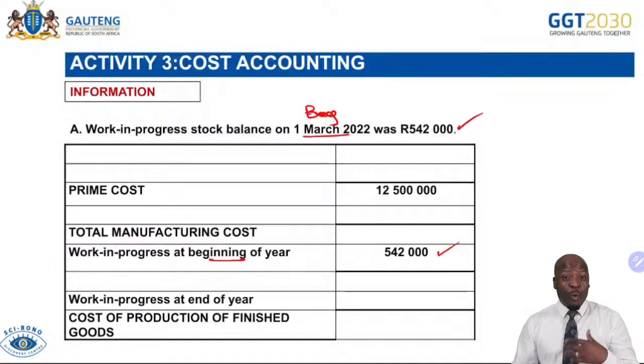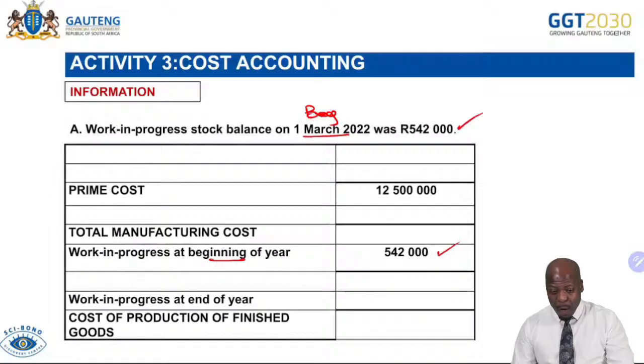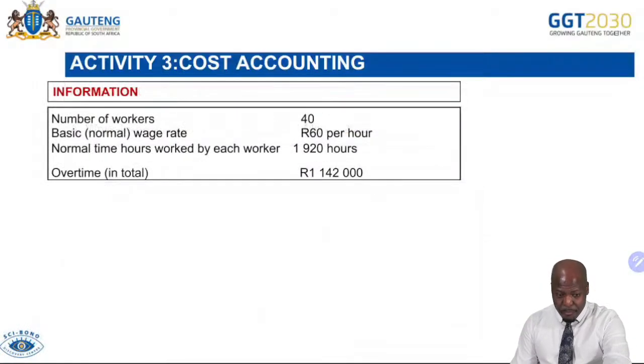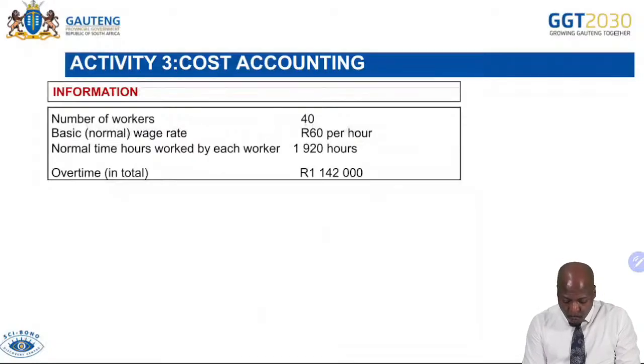All right, so I'm going to move step by step. We've touched information A. We now want to see what was in information B. It spoke about our direct labor cost. It said we have 40 employees, that is the number of workers, 40.